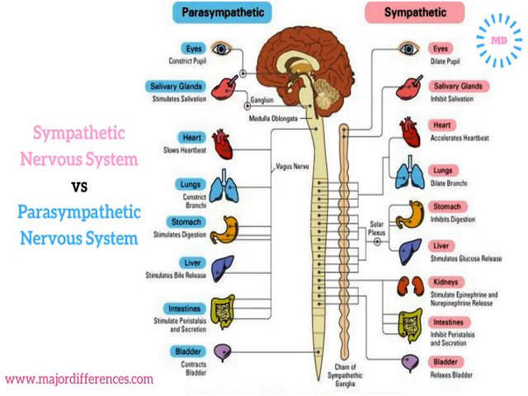Next, on the heart, the sympathetic nervous system will produce an increase in the heart rate, increase in the cardiac output, increase in the blood flow, while the parasympathetic nervous system will produce decrease in the heart rate and decrease in the excitability. On the lung, the sympathetic nervous system, as we said, produces dilatation of the smooth muscle in the bronchus, while that of the parasympathetic will produce constriction.